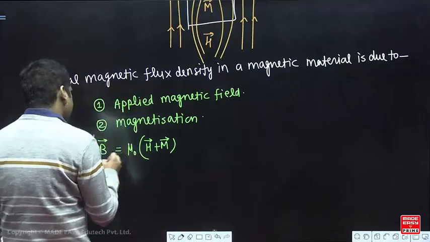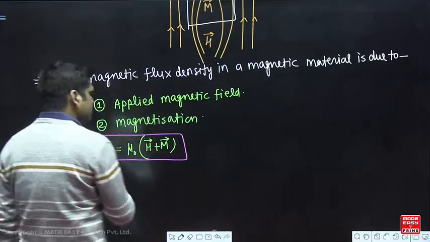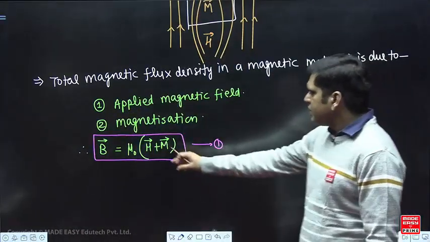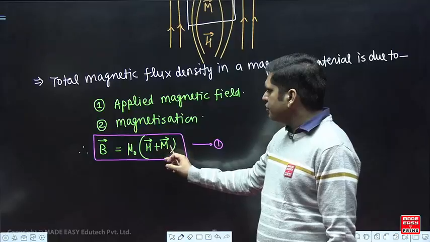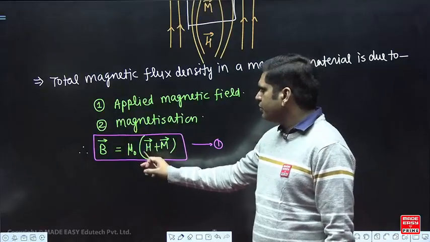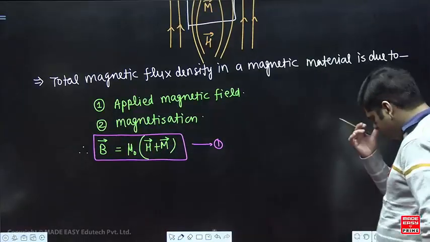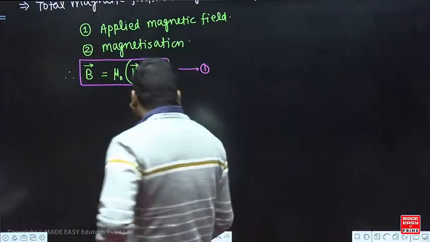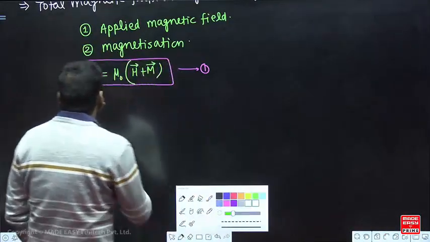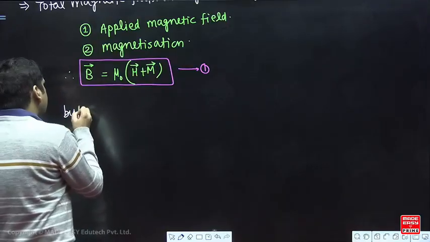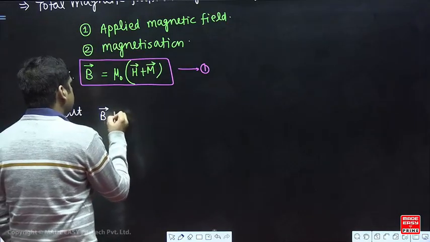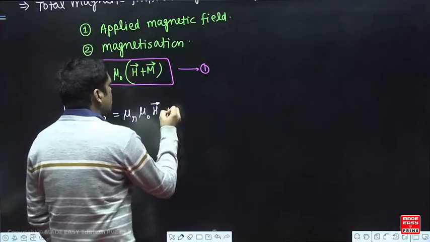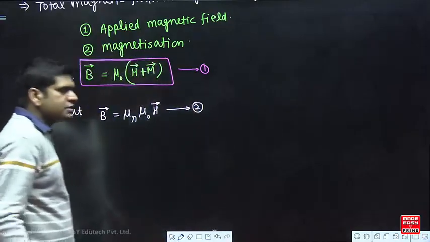This is equation 1. H is the applied field, M is induced. So H plus M, vector sum, total field, multiply by mu naught, you will be getting total flux. Suppose you have mu r known, then as I said in the last reading, B is equal to mu r mu naught into H. This is equation 2. Both of these relations are giving the same thing.